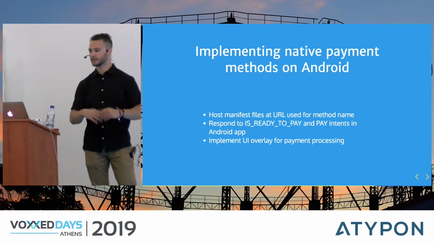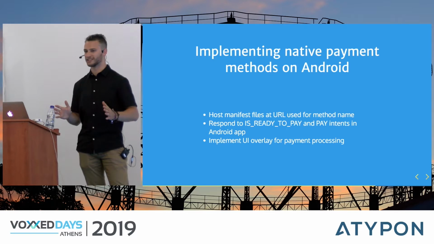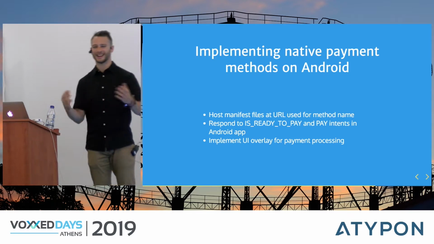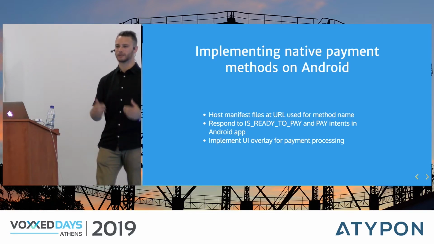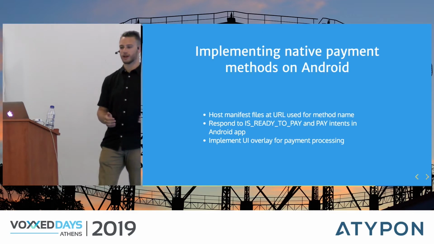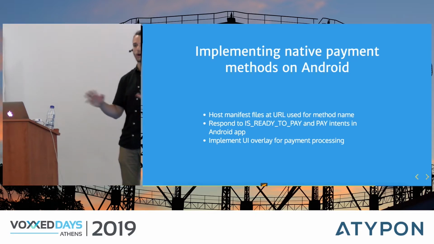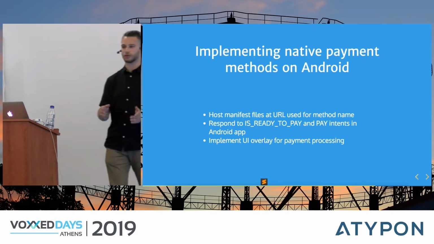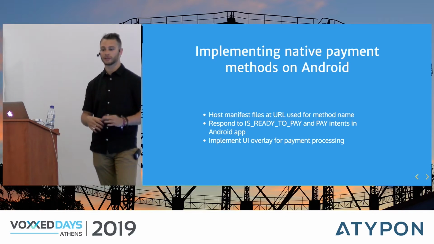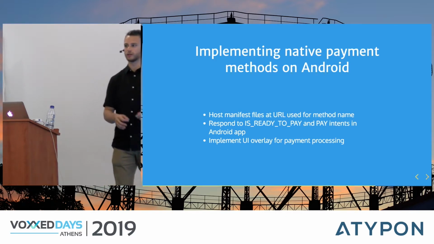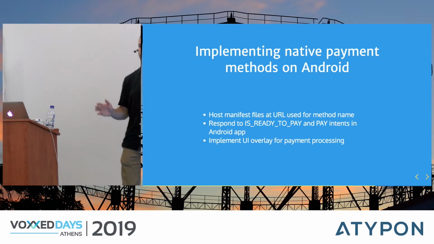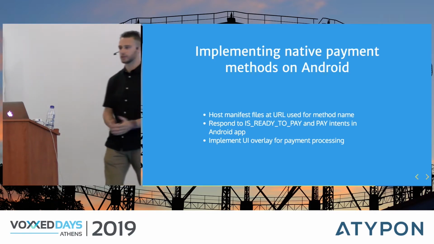Again, I don't really know what an intent is because I'm not an Android developer, but as I understand, these are the ways that the app receives a notification from the operating system that the user is making a purchase, and then at that point you can display a UI overlay on the screen and make this purchase. And so this is why on Android you see all these other payment processors, such as Samsung and Alipay and whatnot.